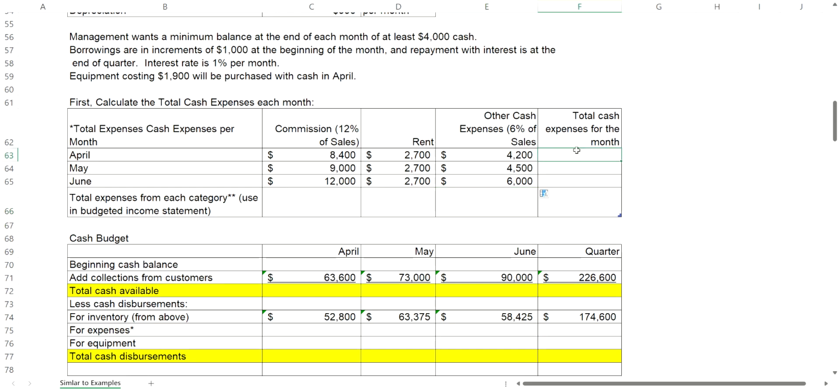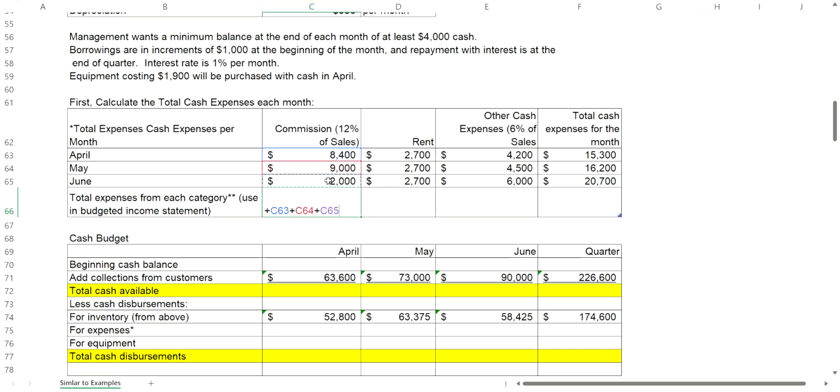Next I will add the total cash disbursements for April, then for May, and for June. Now I can also do it for each category by adding the column.